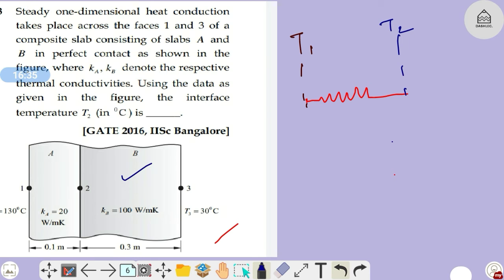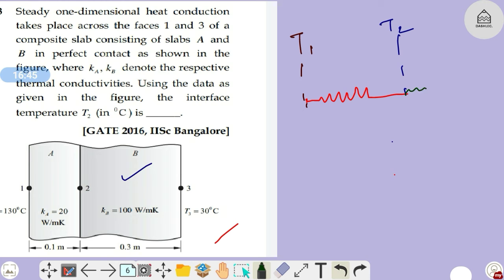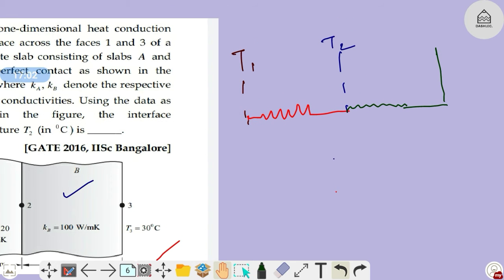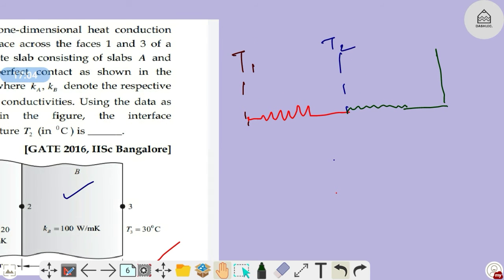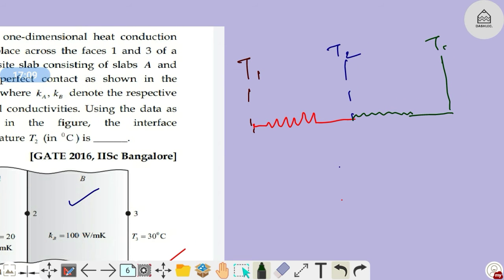Now I will enter slab B and face the resistance offered by slab B. Finally I will end up at temperature T3.